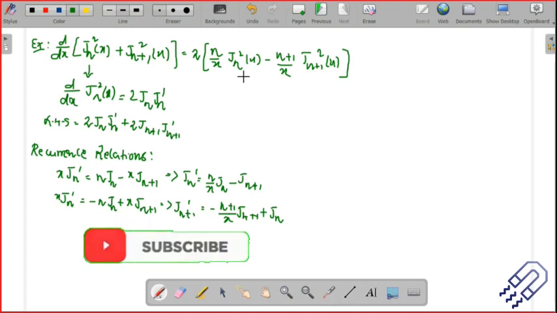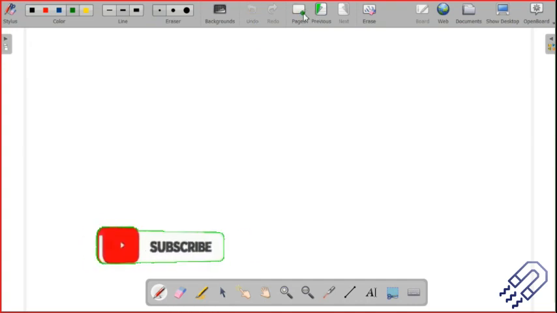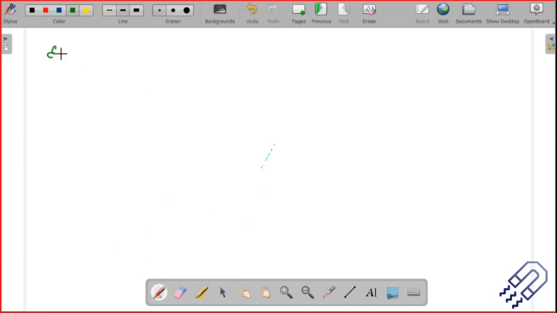We give you one more problem, and then we will stop. So this question is integration x cubed J naught.